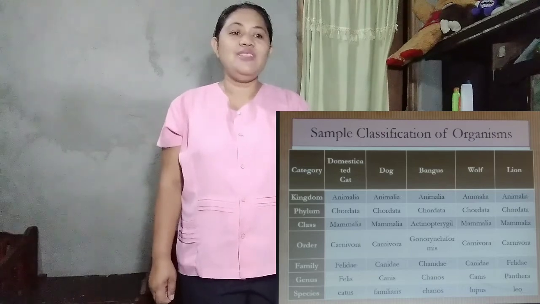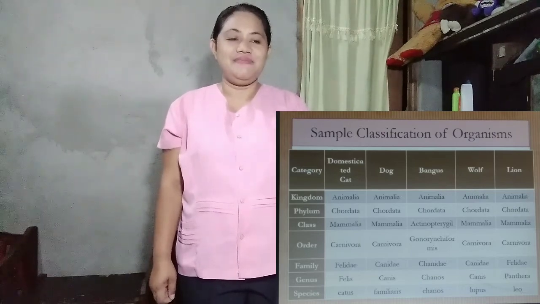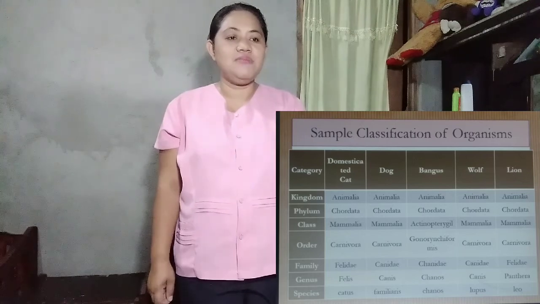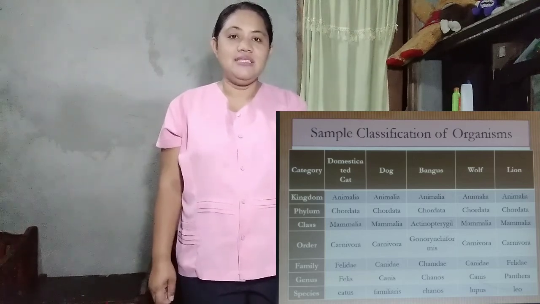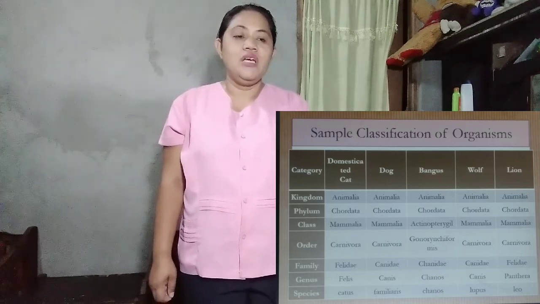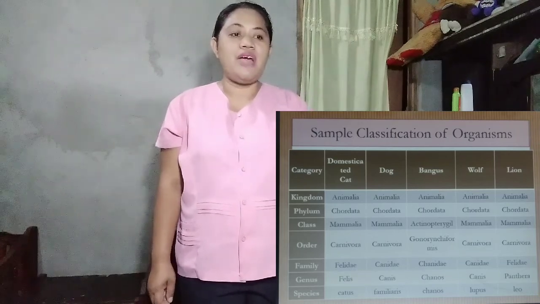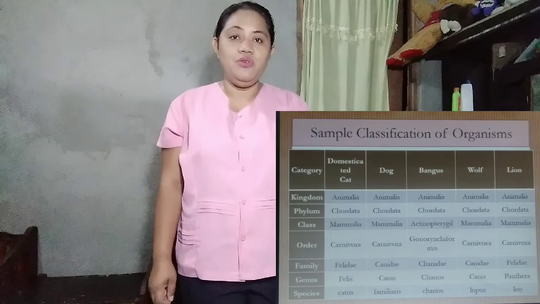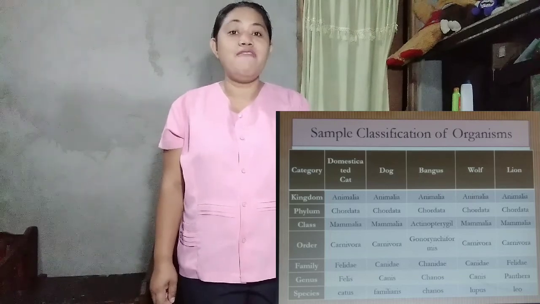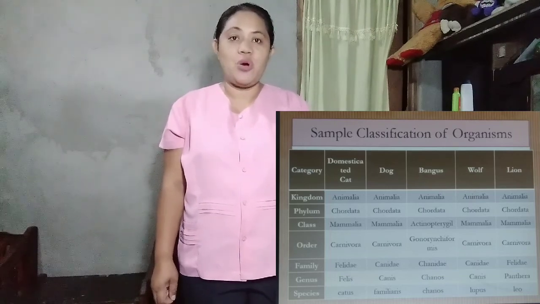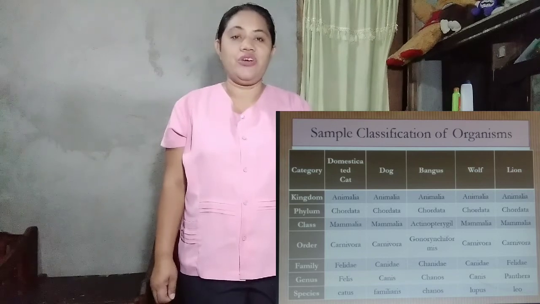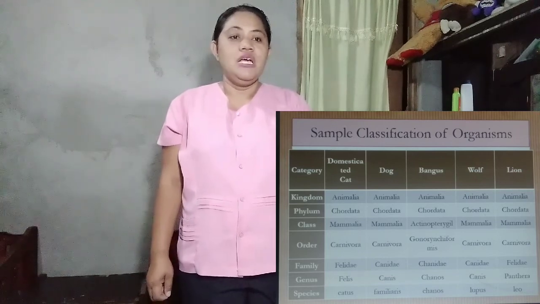Bangus is Actinopterygii. Wolf is also Mammalia, and lion, same, Mammalia. Order: they are all Carnivora except for bangus. When we say Carnivora, they feed on flesh; they are meat-eating animals.